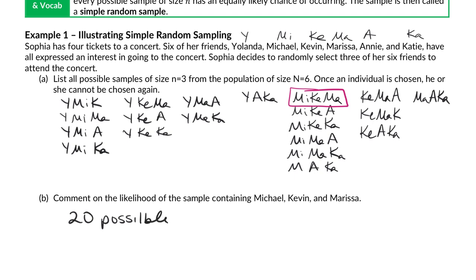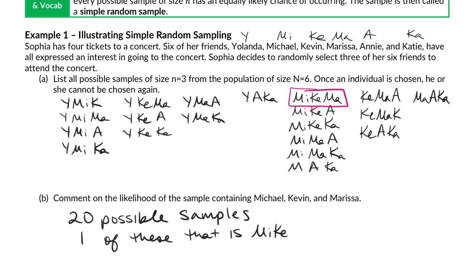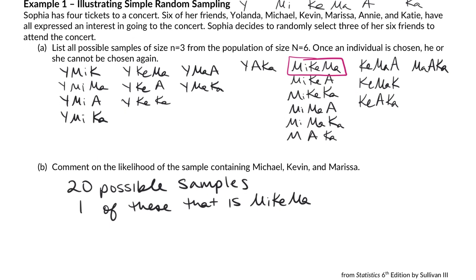That's not how you spell the word possible. Let me try that again. 20 possible samples of size 3. There's only one of these that is Michael, Kevin, and Marissa, which means that that particular sample, that combination of friends, has a 1 in 20 chance of occurring.